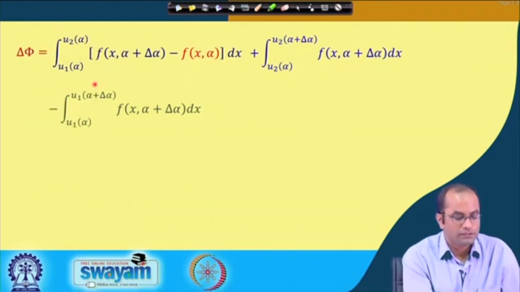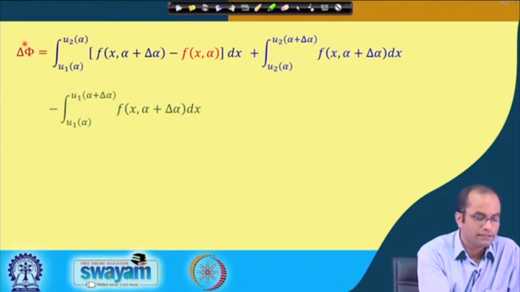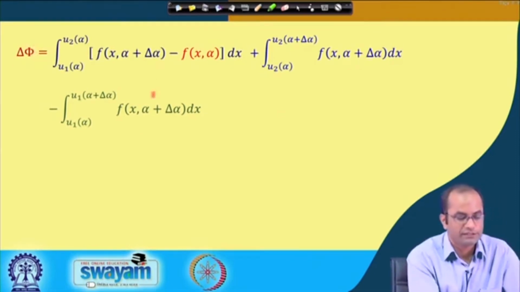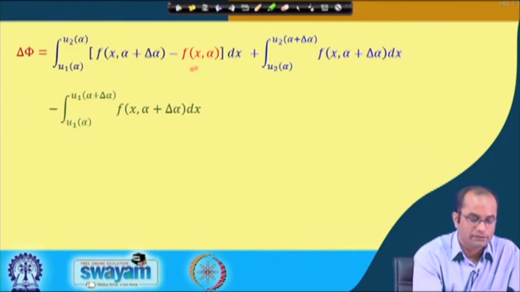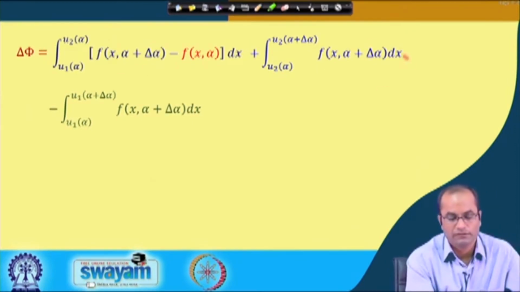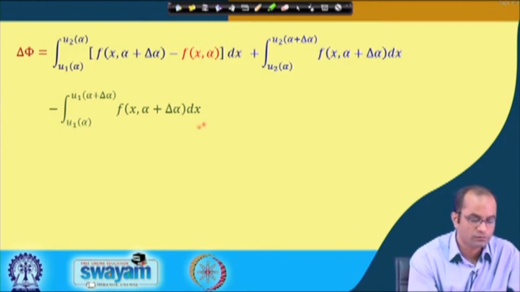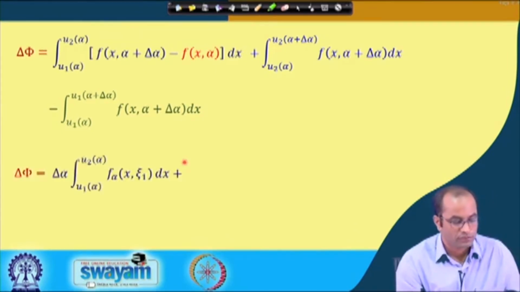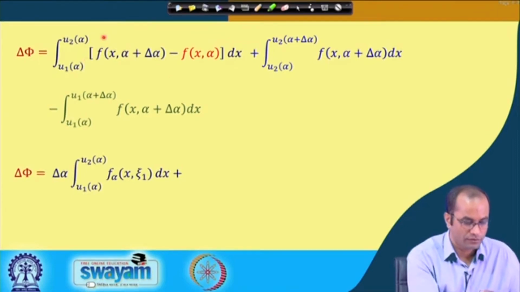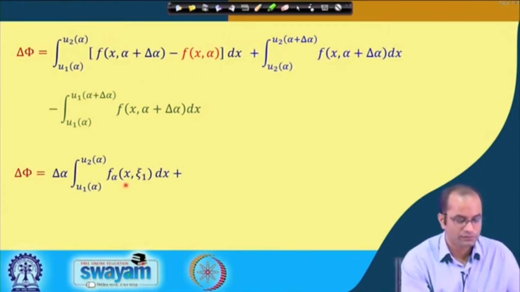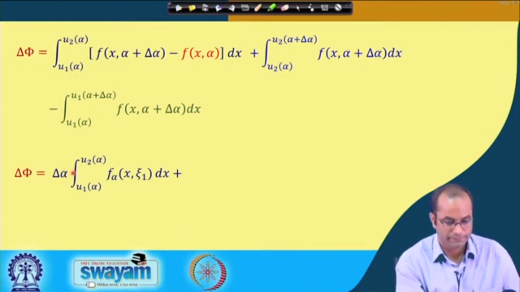So, this was the original delta phi in the form of integrals, and now we will replace all. Here we have applied the Lagrange mean value theorem, then the mean value theorem for integral, here also the mean value theorem for integral. So, from the first term, because we have applied the Lagrange mean value theorem, we get this f alpha and this delta alpha will be there.